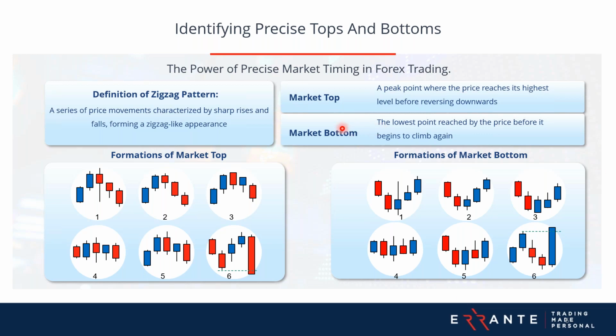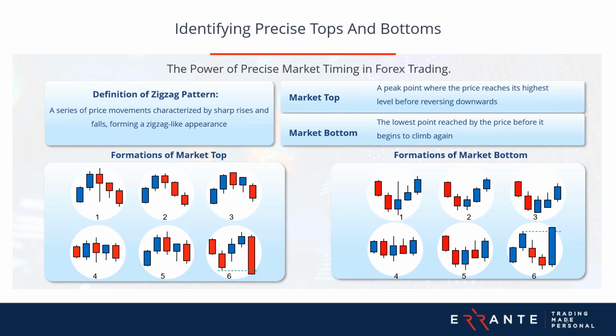Okay, now here we are. In this section, we focus on the mechanics of identifying precise tops and bottoms in market trends, a crucial skill in the art of trading. Firstly, let's define a zigzag pattern. It is a series of price movements characterized by sharp rises and falls, creating a zigzag-like appearance on the charts.